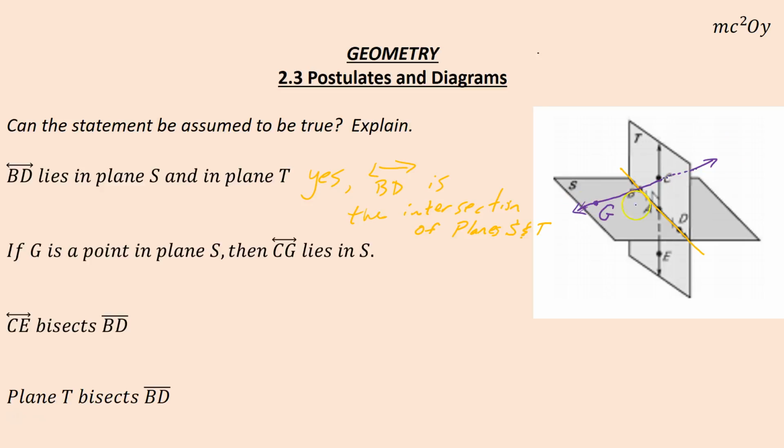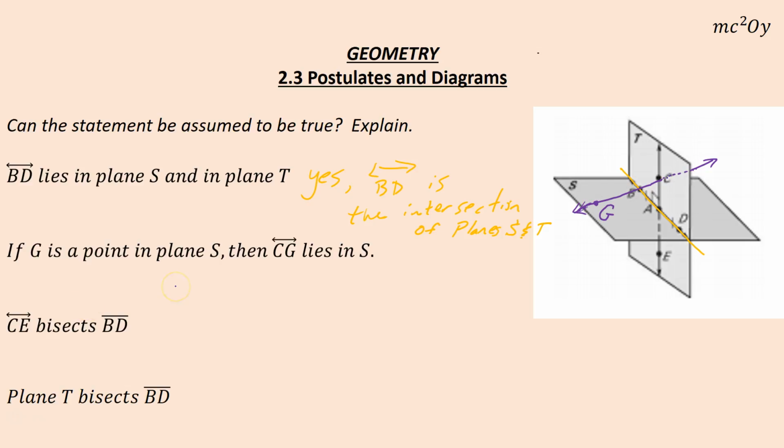And so the answer is no. It's actually starting on plane S, and we'd see a dashed line back here as well. It would punch through S, and then it would punch through plane T. So no, that's not the case.